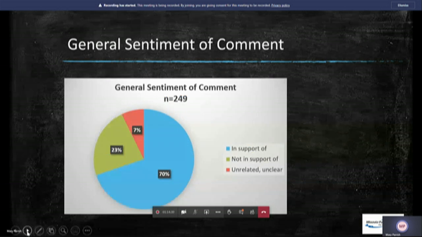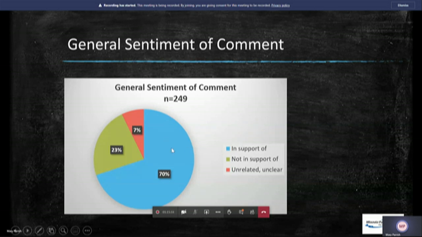And then if we look at the general sentiment of the comment, is it in support, not in support, or unrelated? There was pretty overwhelming support, 70% for the board either adopting the health officer order or adopting the health officer order with revisions. 23% of those comments generally indicated they were not in support of the board adopting or adopting with revisions the health officer order.